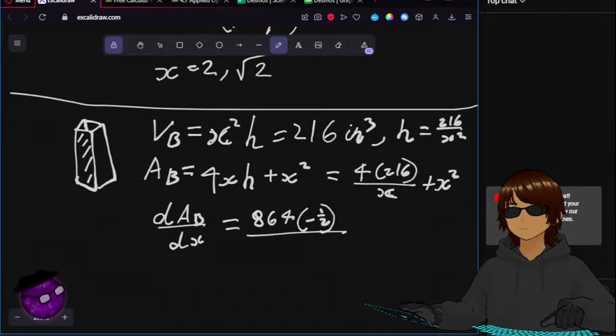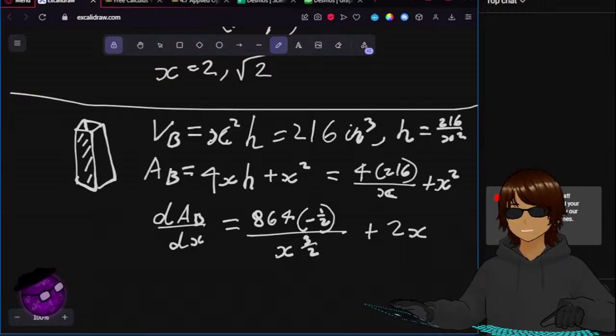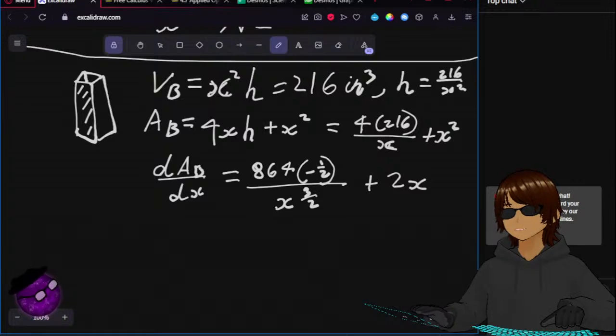So then x to the power of minus 3 over 2, plus 2x. And then we need to minimize this.